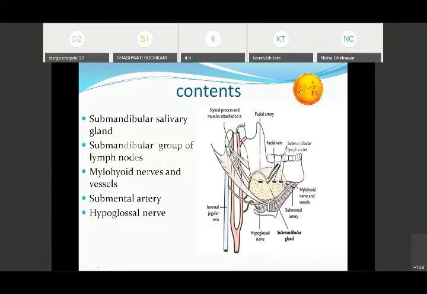There will be mylohyoid nerves and vessels, submental artery, and also the hypoglossal nerve, that is the 12th cranial nerve. Okay, so in dissection of the submandibular region, you can see all these structures in the digastric triangle.